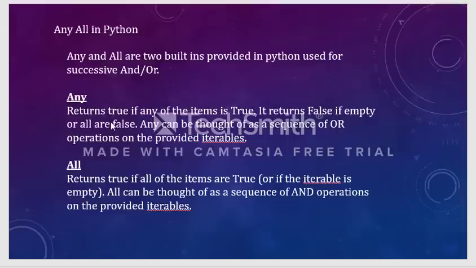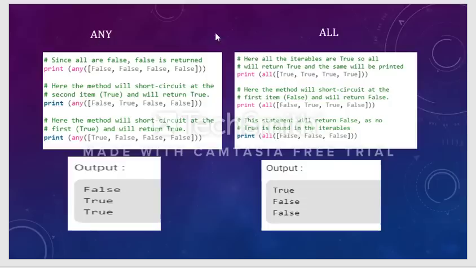Let's see with the basic examples. So I have written some statements like print any false, false, false, and false. Since all are false, false is returned.